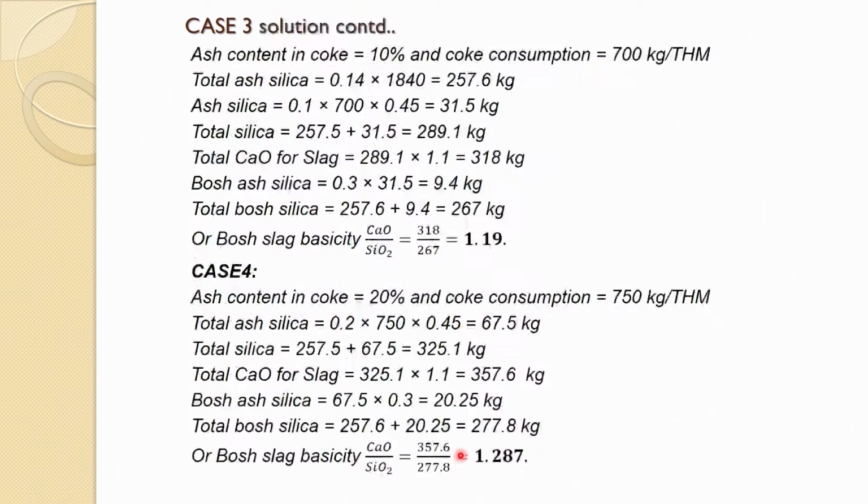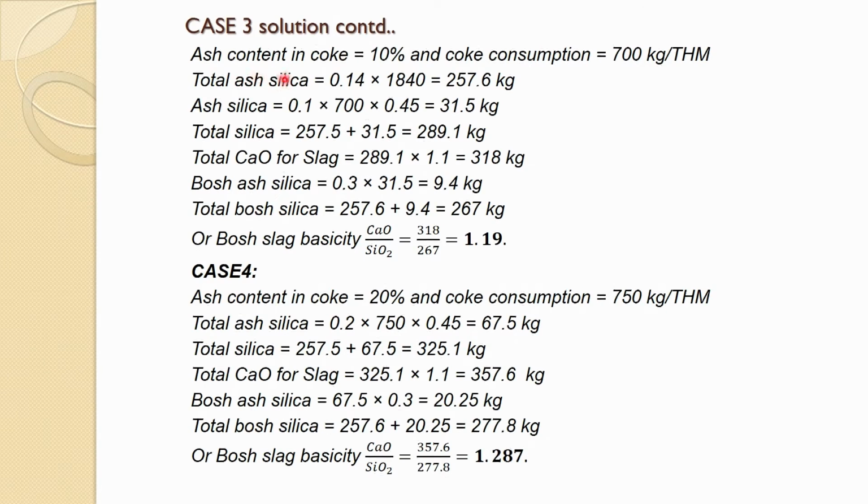So, now based on this we calculate the S content in coke, 10%, coke consumption is this, total silica in S. This is actually in the ore what we are calculating.